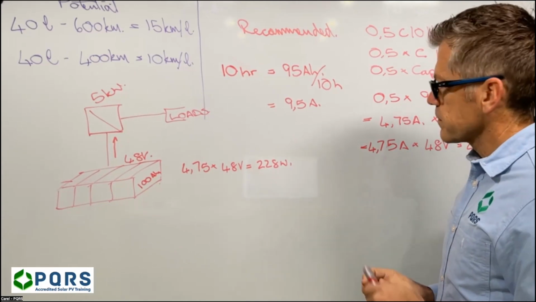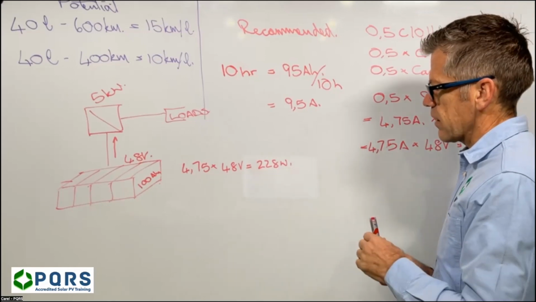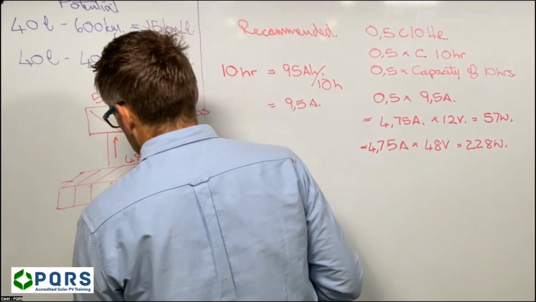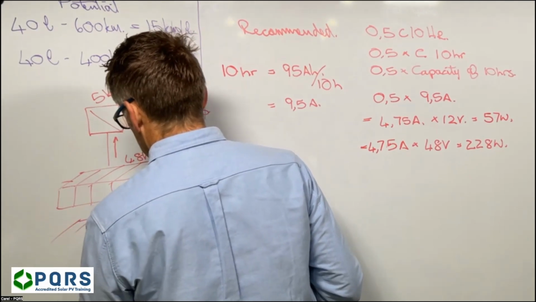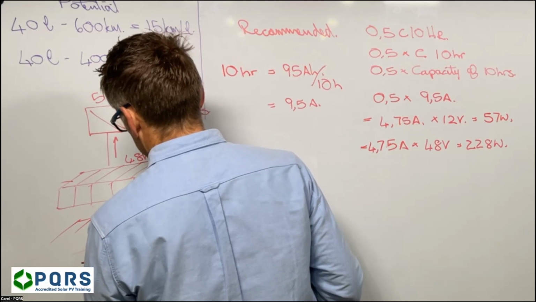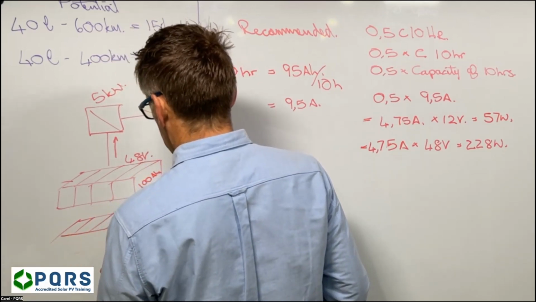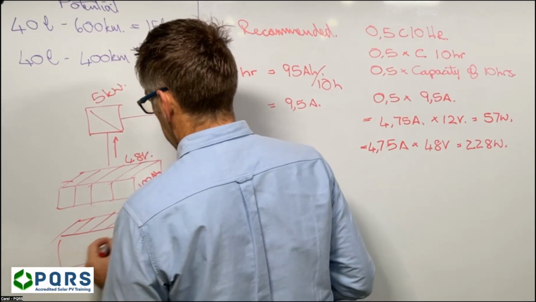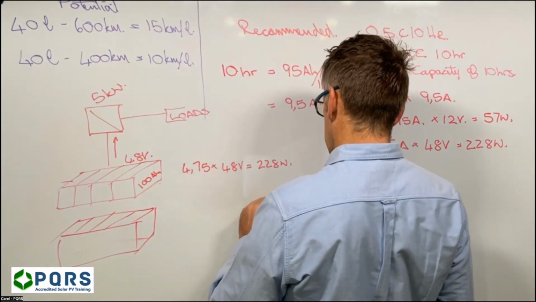Wow. Okay, so we could add another bank. If we add another bank, it would be 228 plus 228.